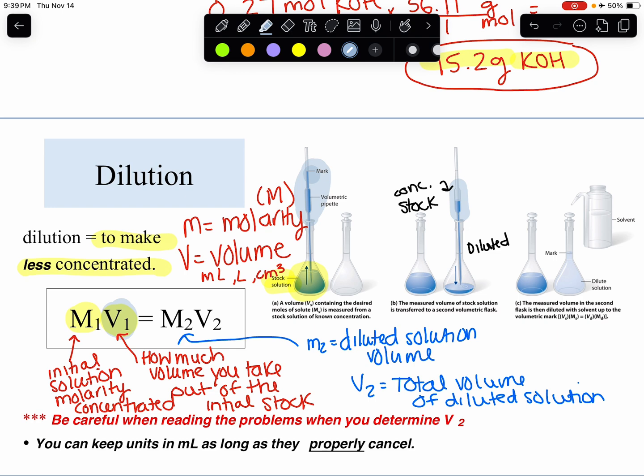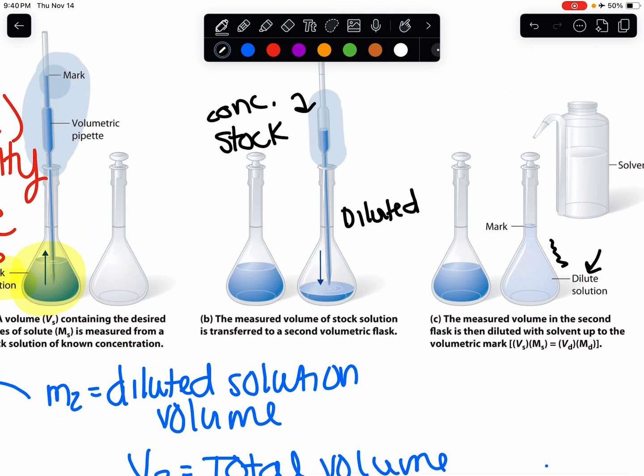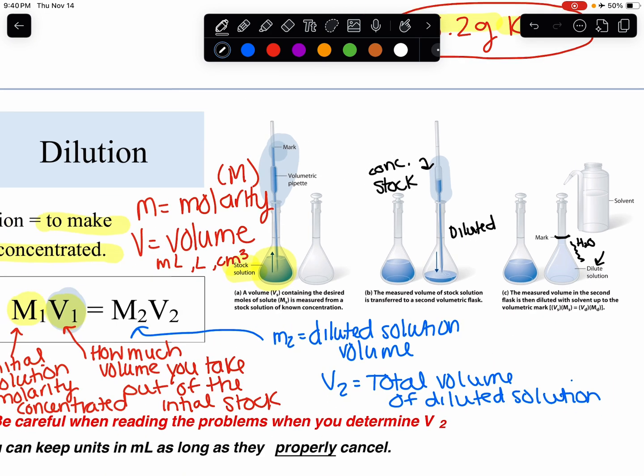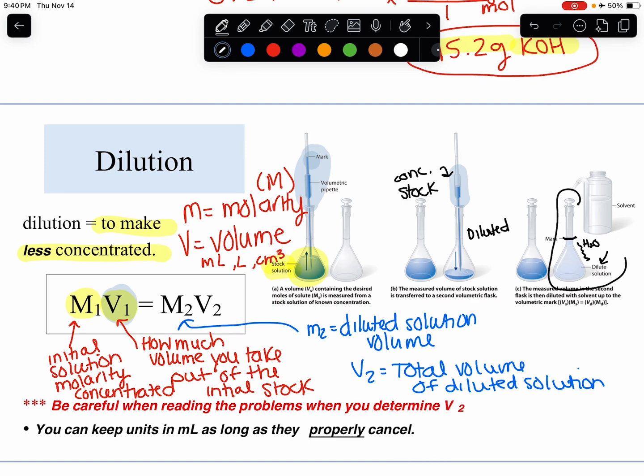And then what you do is you fill up your flask with water, all the way up to this etched line. Now, the whole volume of that solution is going to be your V2, okay? So maybe 100 milliliters, whatever the total volume is. And that molarity is going to be the M2, all right?